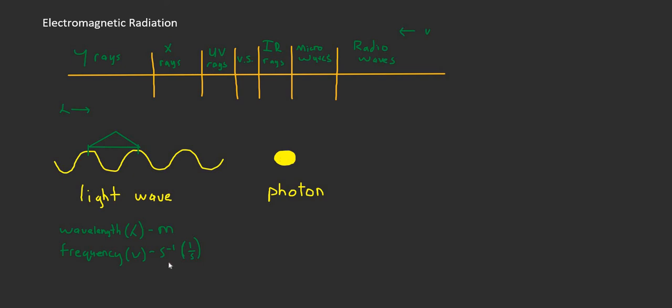Now you can also see frequency represented in hertz, and they mean the same thing. So a hertz is the same thing as a reciprocal second, which is this s to the negative 1. And reciprocal seconds can also be represented as 1 over s, because that's what this s to the negative 1 means. It just means 1 over s, reciprocal seconds.